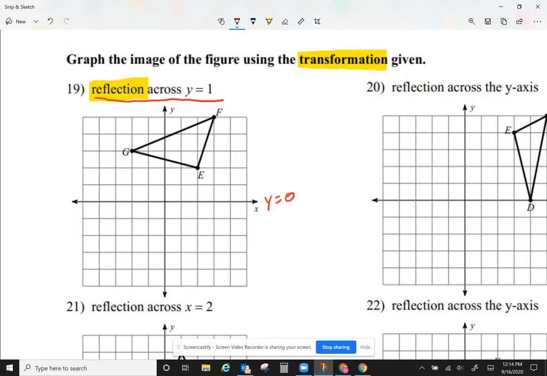Notice I switched my letter. Therefore, the line y equals 1 will be 1 above the x-axis. If it was y equals -1, I would have put it below the x-axis. So I first found the line y equals 1.